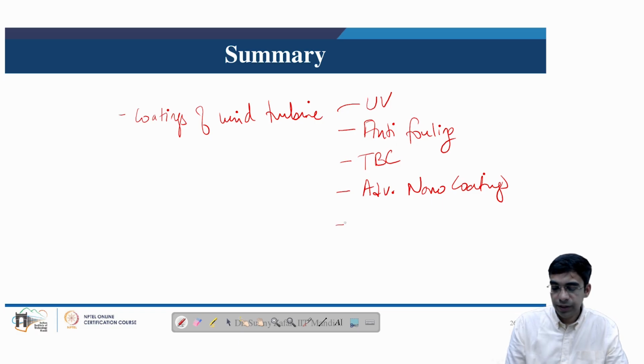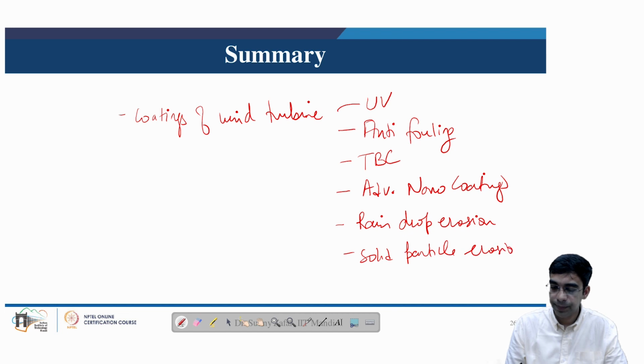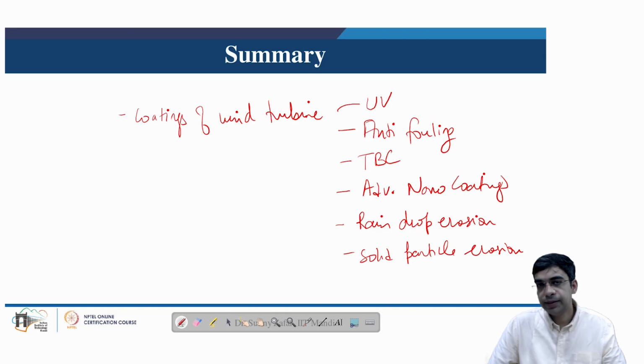And then we have also looked at some of the coatings for rain droplet erosion and solid particle erosion. So in terms of these coatings, we have looked at materials, methods, how they are used, and it is not one coating, rather several coatings being applied on wind turbine blades for their effective and reliable operation.